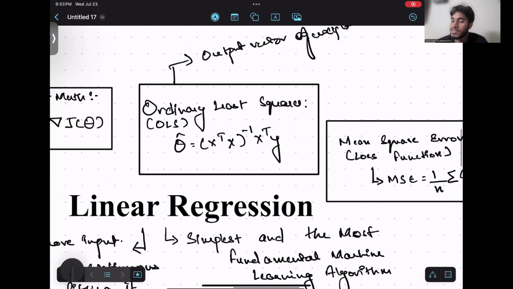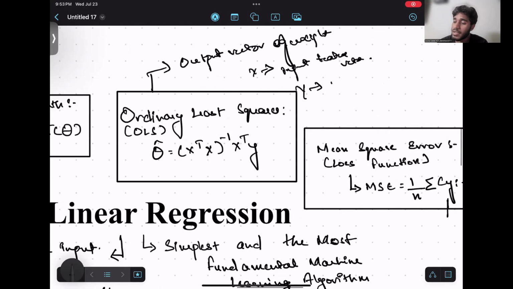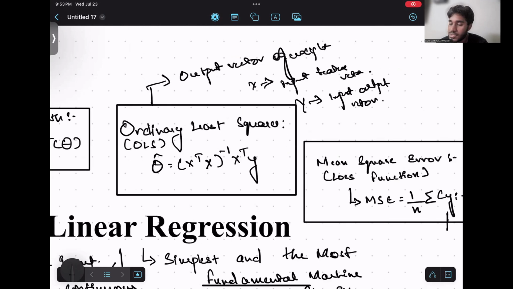X represents the input feature vector, and Y represents the output vector. When we do this calculation, we get θ hat, which is the vector of all the weights needed for the linear combination, for finding the best fit line for these data points.